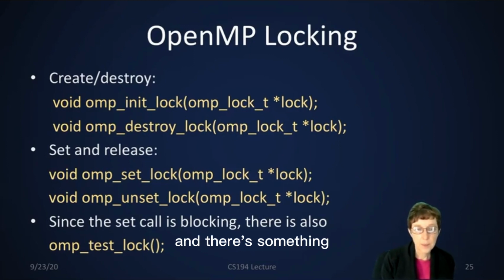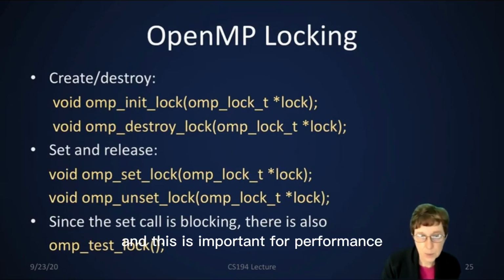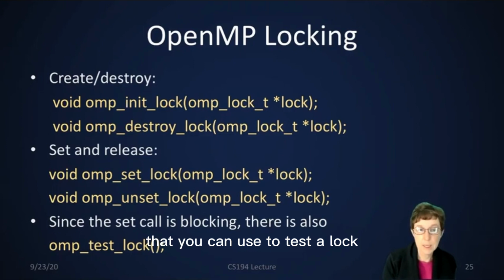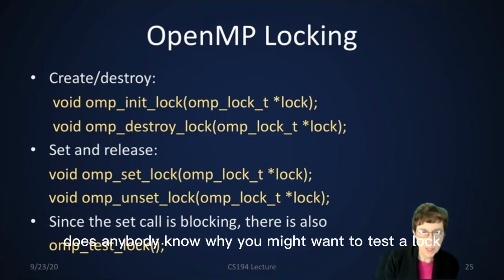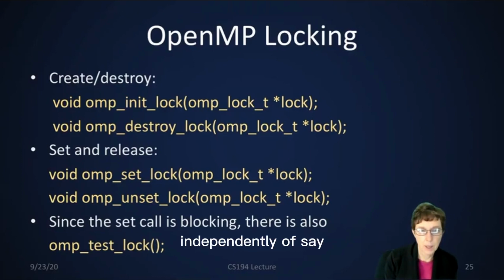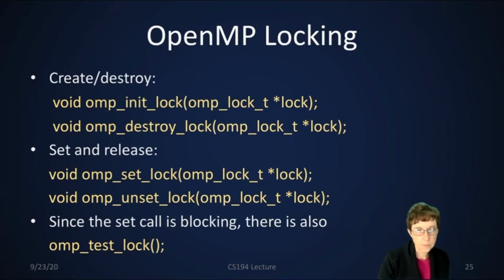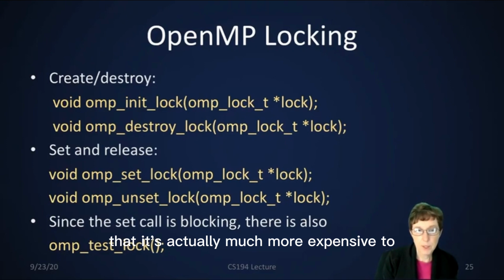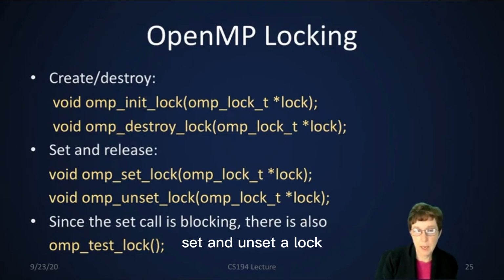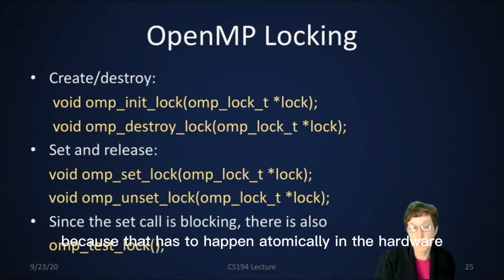And there's something, and this is important for performance, that you can use to test a lock. So does anybody know why you might want to test a lock independently of, say, setting it? It turns out that it's much more expensive to set and unset a lock because that has to happen atomically in the hardware.